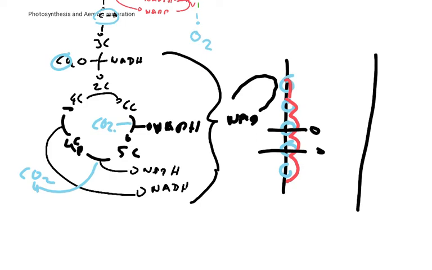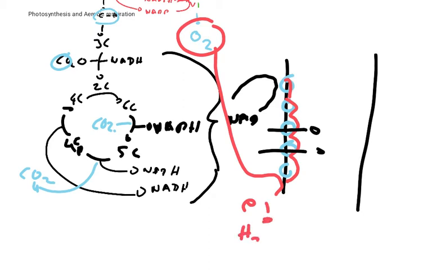At the end of this process, this is where oxygen is used. So this oxygen here that's being produced by photolysis is used to join with the electron and a hydrogen to produce water.